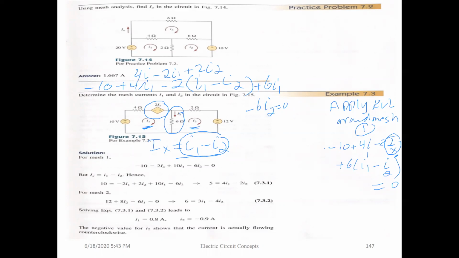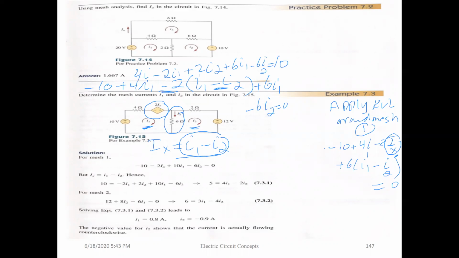Remember here, minus 2 multiplied by minus i2: a minus multiplied by a minus is a plus, so 2 times i2, and then plus 6i1 minus 6i2 equals 10, because I have to put the 10. So always the number has to be moved to the right hand side.